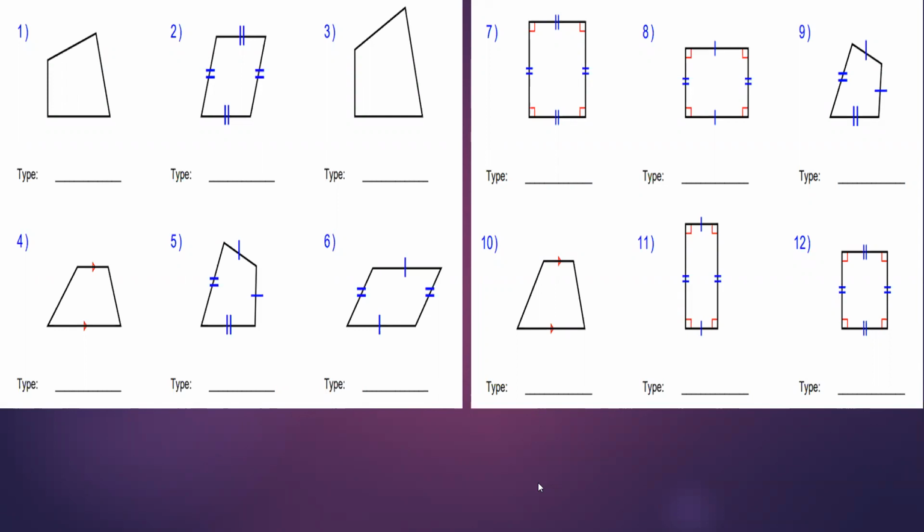Just look at the classifications that we did, the types that we did. The only thing it could be, I either give you a square, a rectangle, a rhombus, a parallelogram. It could be a kite, right? Either one of them. Just pick one. So you don't have to make it hard.